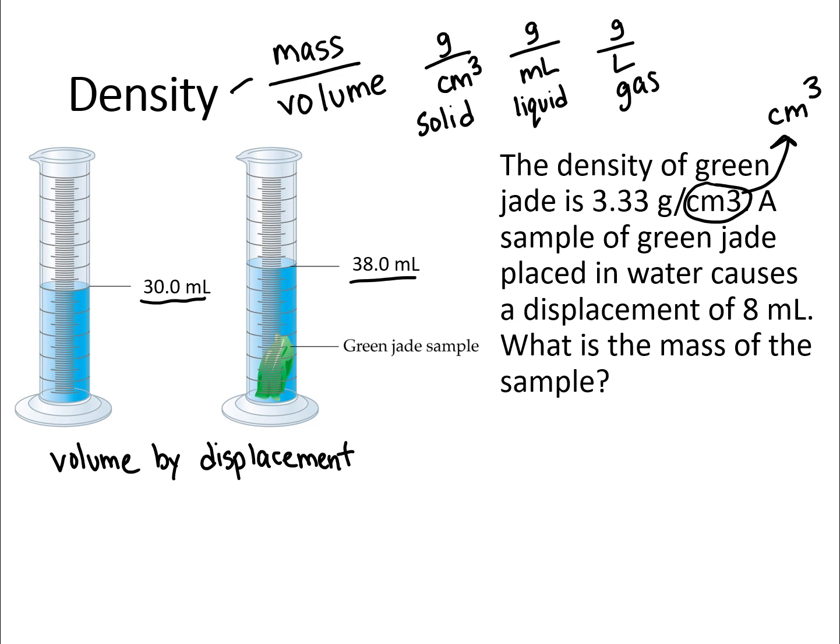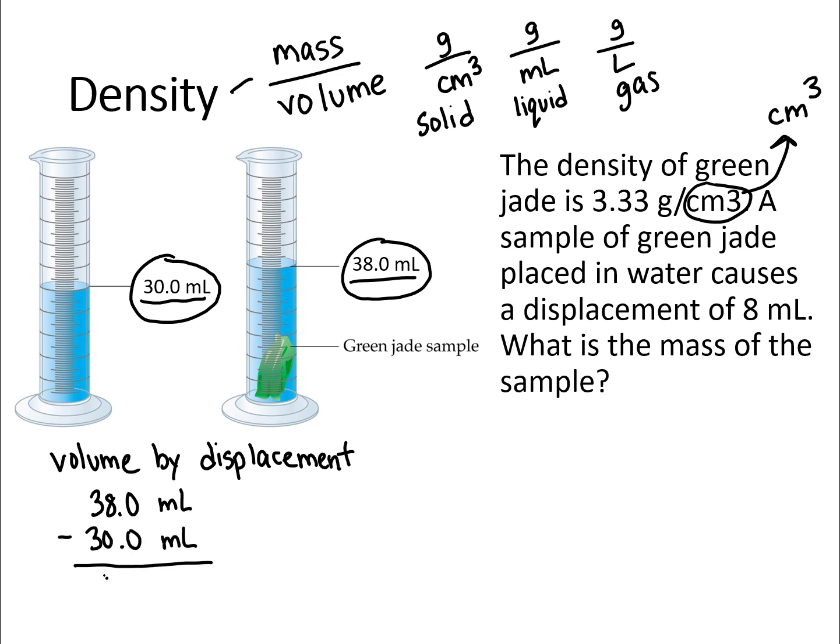The difference between the final volume and the initial volume will tell you what the volume of your sample is. So that is 8.0 milliliters. That's how we got the volume. I'm going to replace this with 8.0.